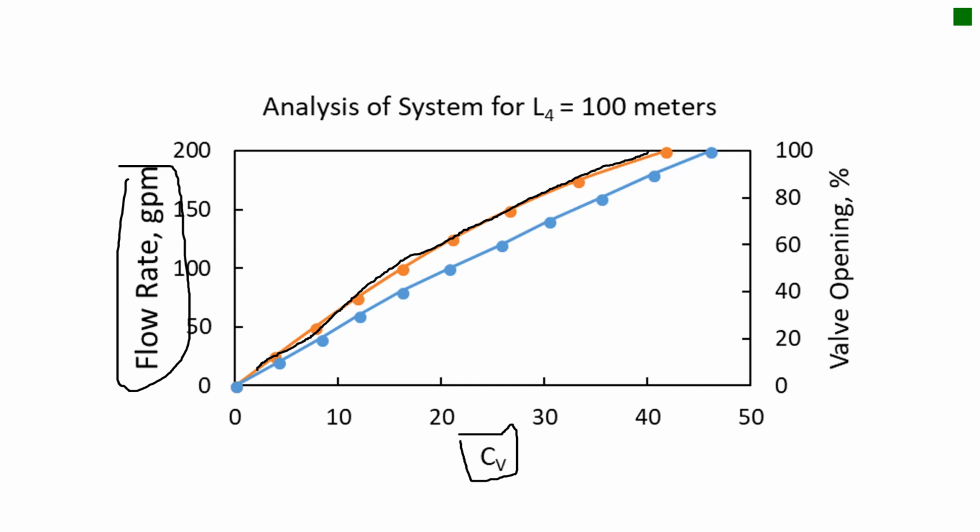It's beginning to curve. I also plotted that same value of CV and valve percent opening just like before. But now I have a little bit more curvature to my system line, and I want to have a valve that has a similar curvature to it.